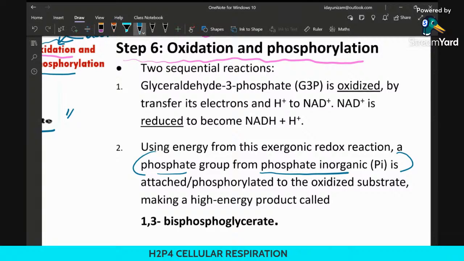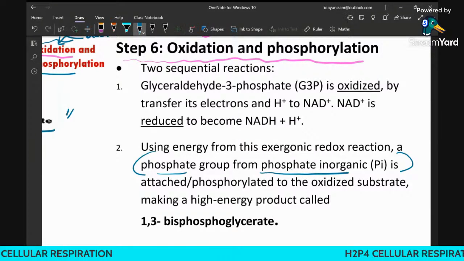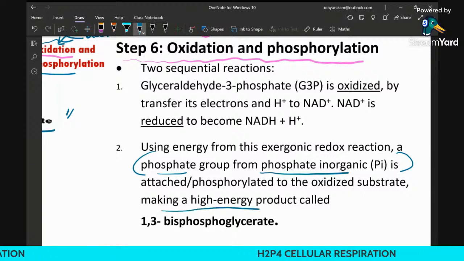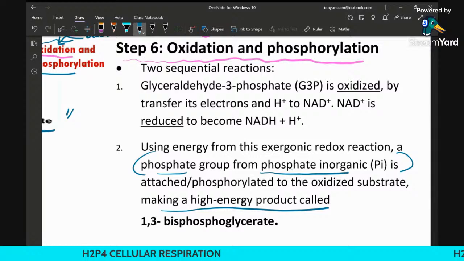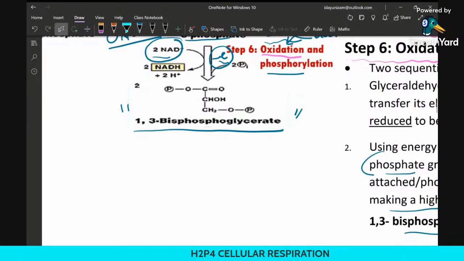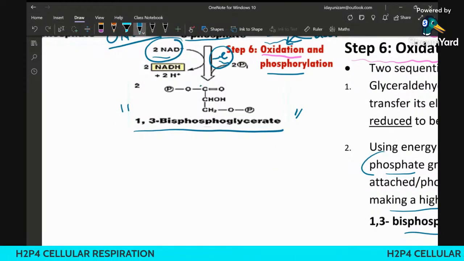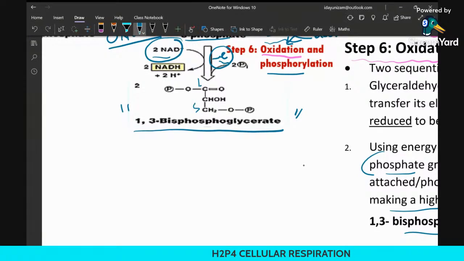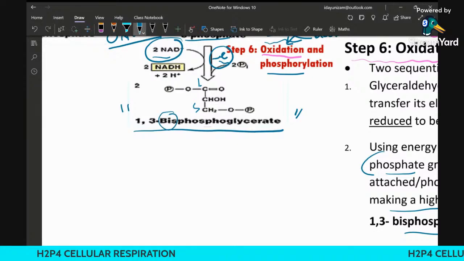This results in the product we call 1,3-bisphosphoglycerate, because the phosphate is attached to carbon number 1 and carbon number 3. Bis again, as before, means 2.